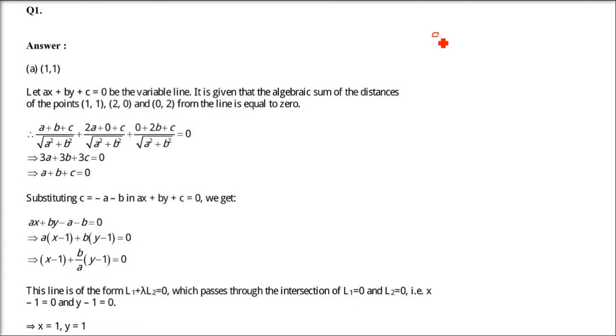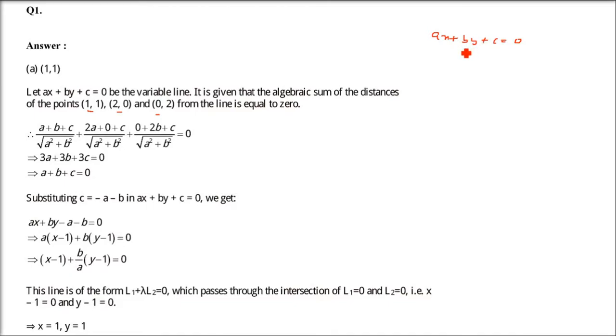If we have a line ax + by + c = 0, this is the general equation of a line, and this is variable, and the algebraic sum of the distances of these 3 points from this line, if you add them, is going to be 0.